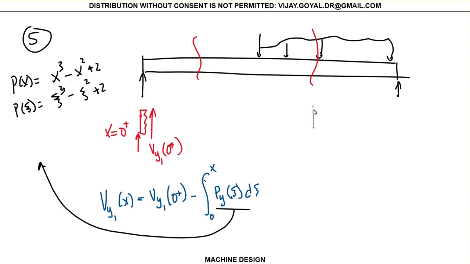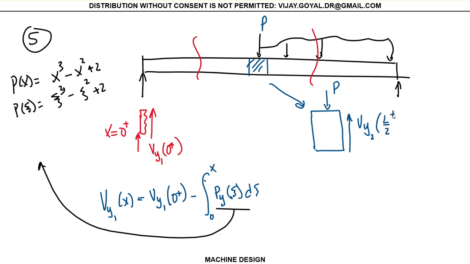Now, you're going to make another section cut here. And that section cut is going to look, apologies, you're going to make another section cut right there, okay? And that section cut is going to look something like this. Let's suppose I have a load P applied there. On this side, because of our sign convention, we know this is V2 at L over 2 plus.